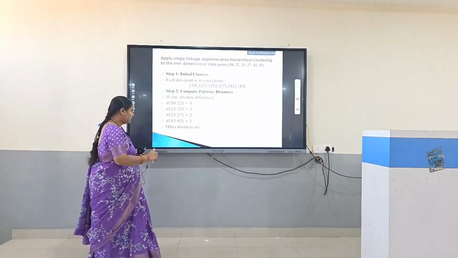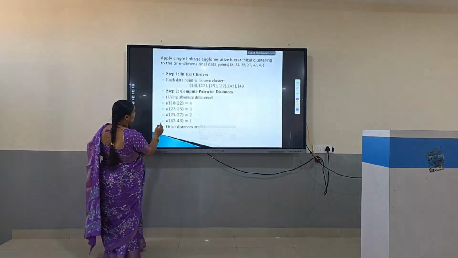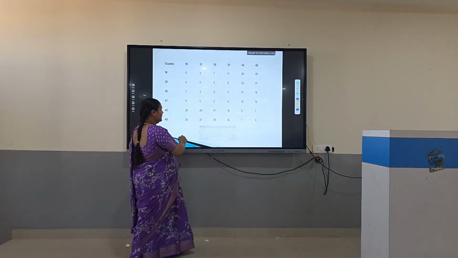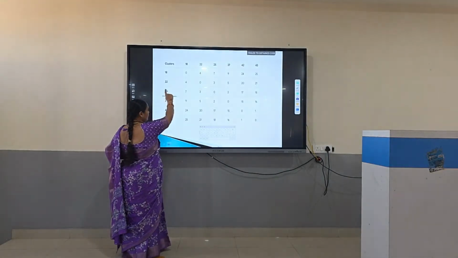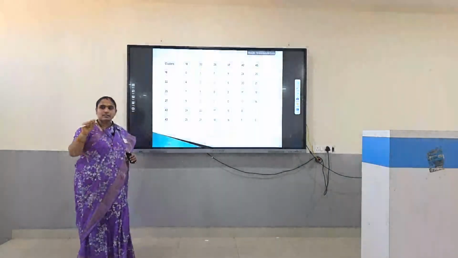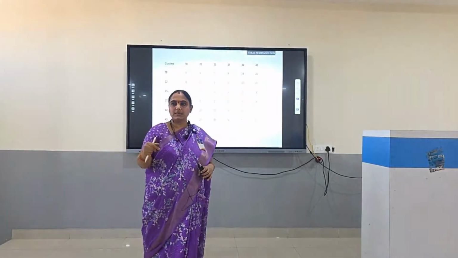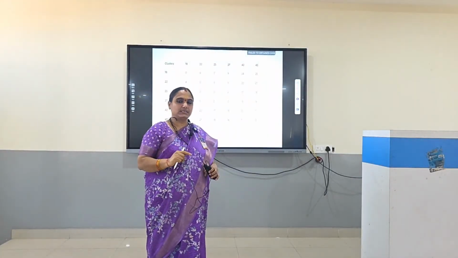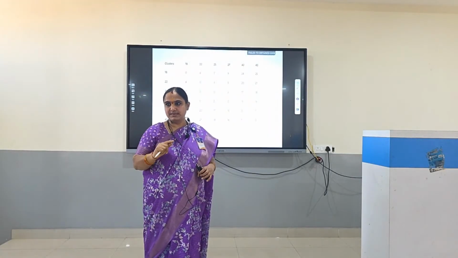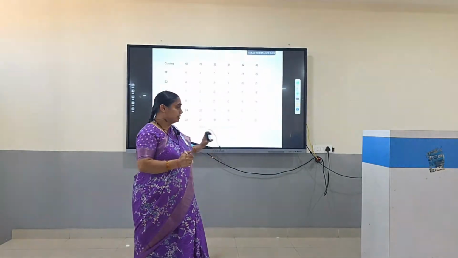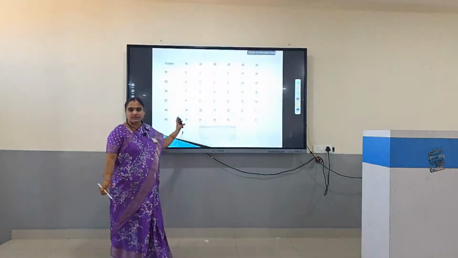Single linkage means we are finding the distance between all the items. At this time, how to combine all these items? That is specified using single linkage or complete linkage, that is, minimum or maximum linkage. All that we can specify using this matrix only.